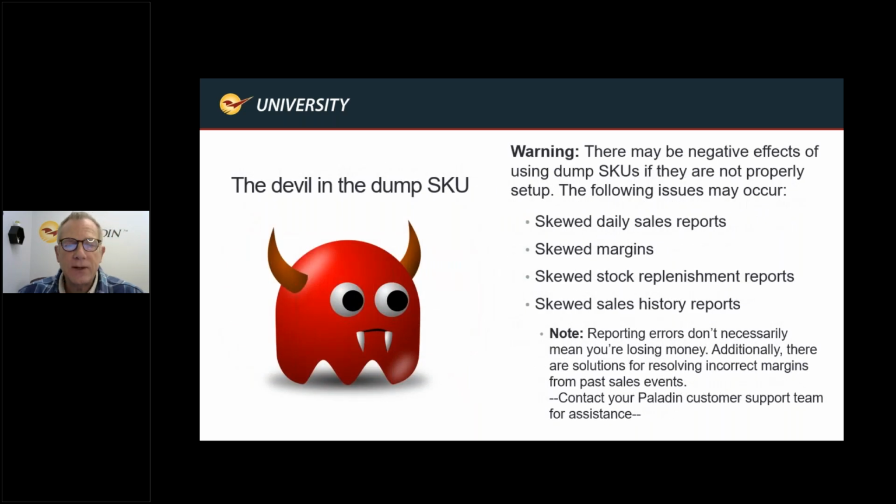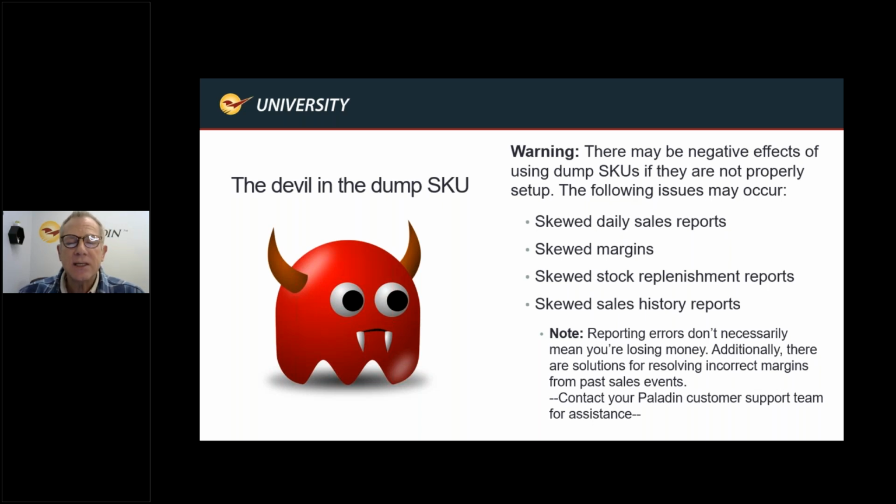So what is the devil in the dump SKU? What are some of the warnings? Well, there could be negative effects on using dump SKUs if they're not properly set up. So you can have skewed daily sales reports, skewed margins, skewed stock replenishment reports, and skewed sales history reports.